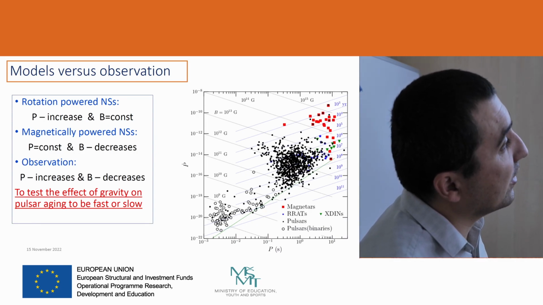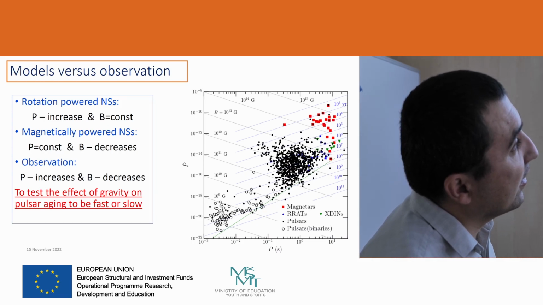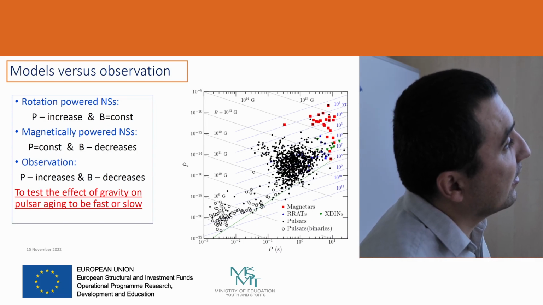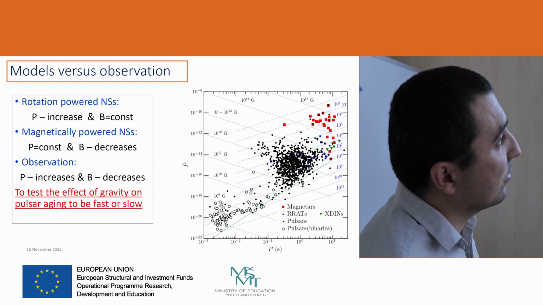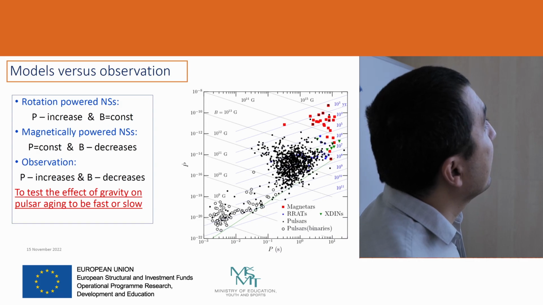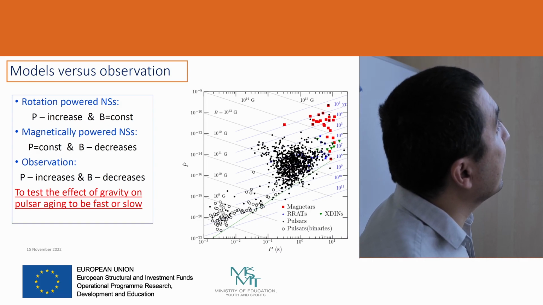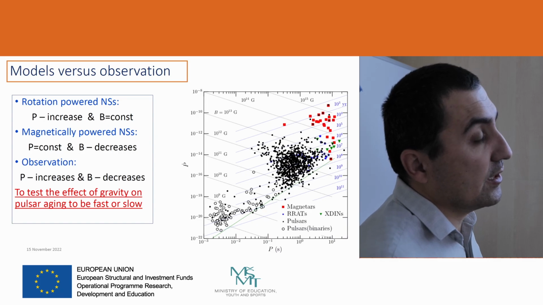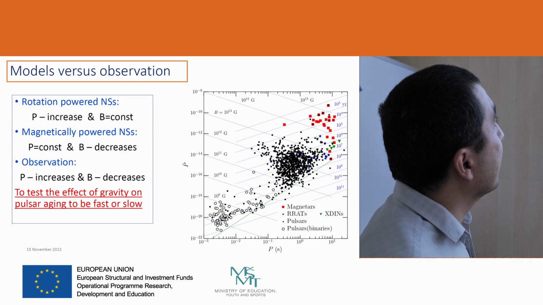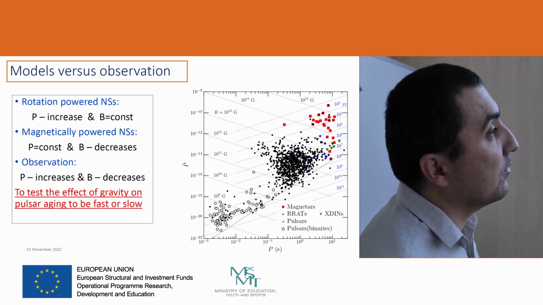It means that as they age, their position should move down and to the right, because they slow down due to the radiation. So from this point of view, the magnetically powered and rotation-powered models do not totally agree with the observations.